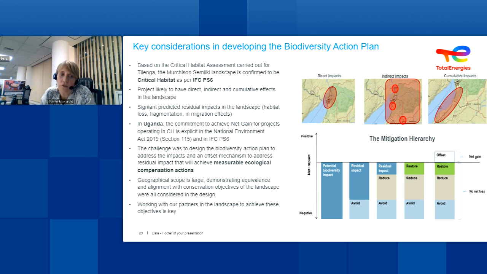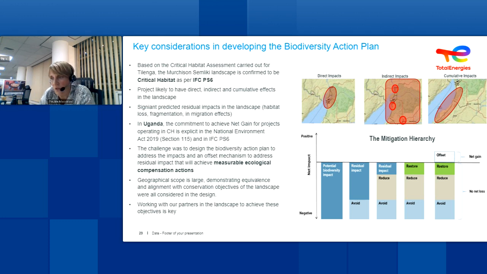I think the main challenge for us was to design an action plan to address the impacts. Because our impacts are at landscape scale, we realised that we had to design an offset mechanism to address those thoroughly, and in particular be able to achieve measurable ecological compensation actions in line with the IFC performance standard.